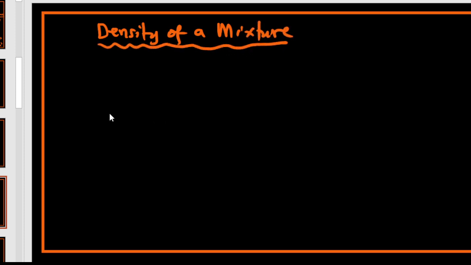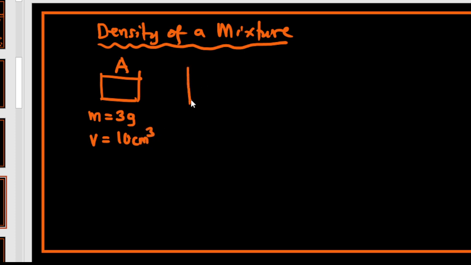When somebody asks you to find the density of a mixture, imagine you have a substance A that has a mass of 3 gram and a volume of, let's say, 10 cm cube.